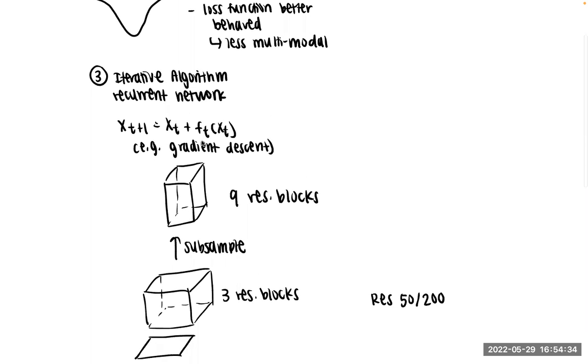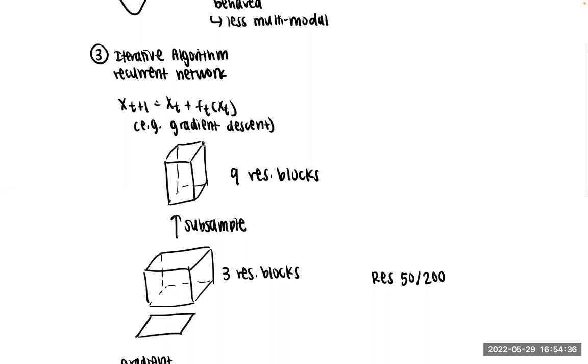And I would say the best understanding of residual network is to treat it as an iterative algorithm. So within each residual block, you keep doing this updating. Instead of thinking of L as the layer, you may think of L as the time t for an iterative algorithm or a recurrent network.